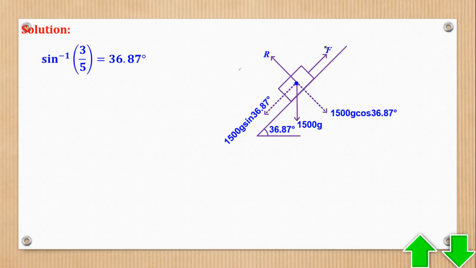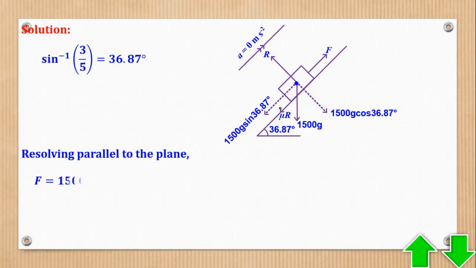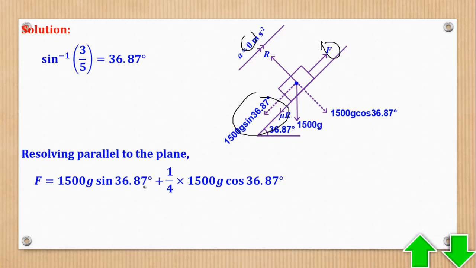Then the direction of motion is upward, but acceleration is 0 because of the words constant speed. Now, because motion is upward, friction must oppose motion, so it will be in this direction, mu R. Then we can come and resolve. Resolving, because acceleration is 0, this force is equal to the sum of these 2 forces.